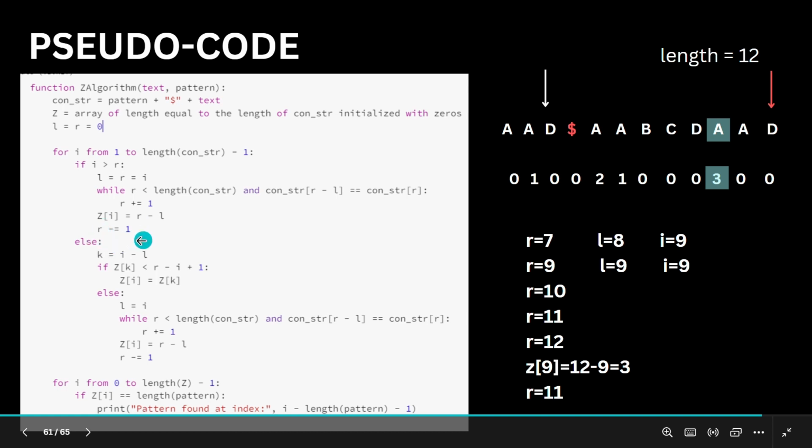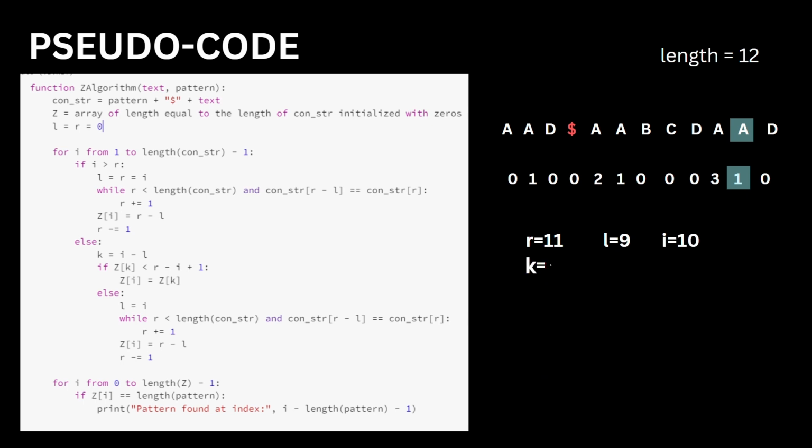Now the value of I is increased, I is 10 and R value is 11, so I is less than 11, so we'll get into the else part. So in else part we have K variable, K is I minus L, which is 10 minus 9, so we get K value as 1.